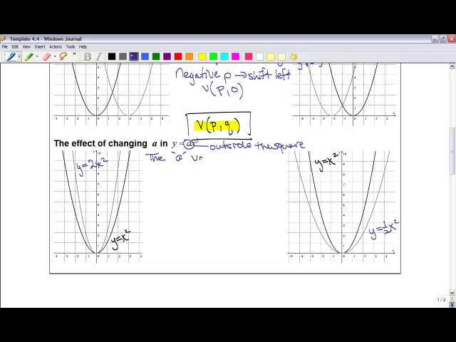So the a value expands or compresses the y values. We take whatever y values we're supposed to have and multiply them by a. So if a is bigger than 1, we have expand. And if a is in between 1 and 0, we have compress.